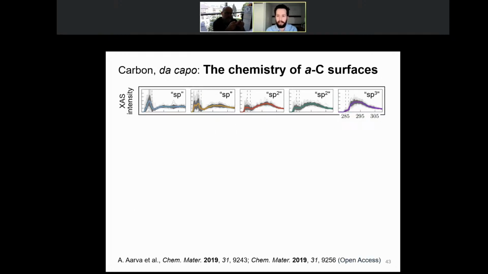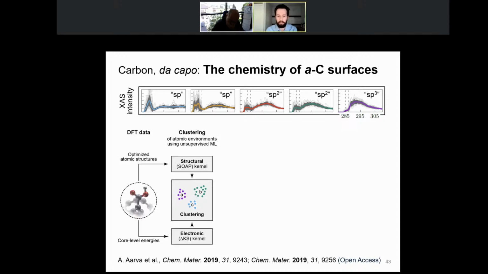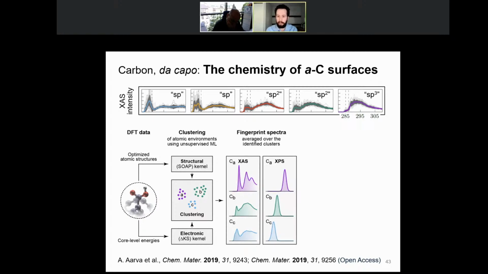Another thing you can do, and this is work that's really being led by the Aalto group, so I just want to flag it here. We can use these structures to predict spectroscopic fingerprints. So in this case, this is X-ray spectroscopy predicted for various types of carbon atoms in our surface slabs, and we can then go and build libraries of fingerprint spectra, both for X-ray photoelectron spectroscopy, but also XAS.